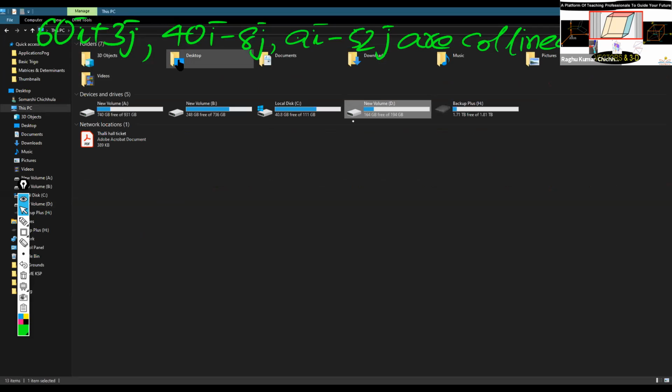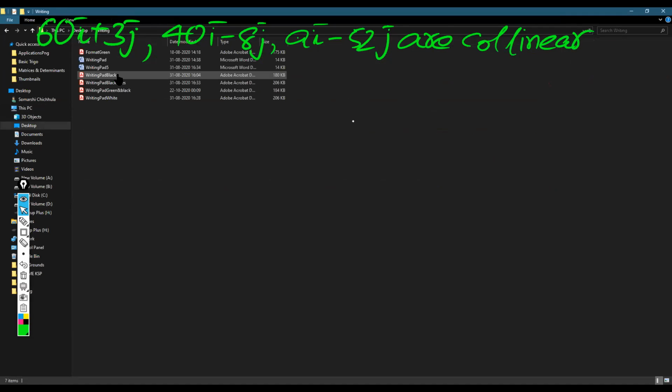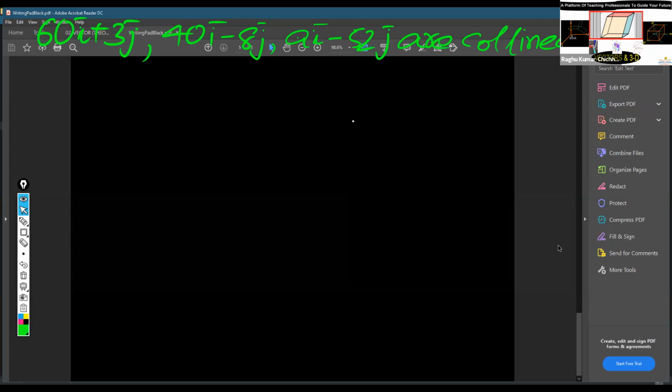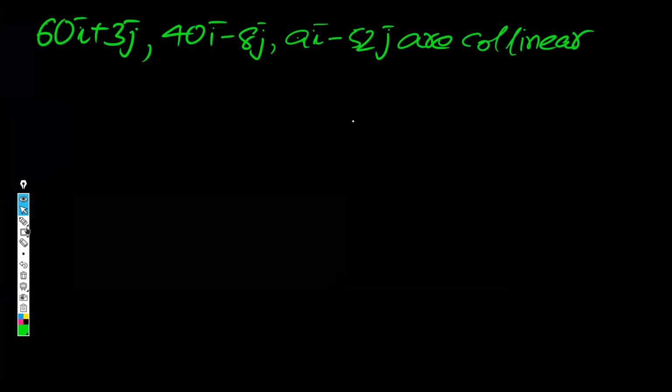Praneeth, your answer, please. Do we find the collinearity of 2 points or at least 3 points? It should be at least 3 points. Sir, 2 points are always collinear.